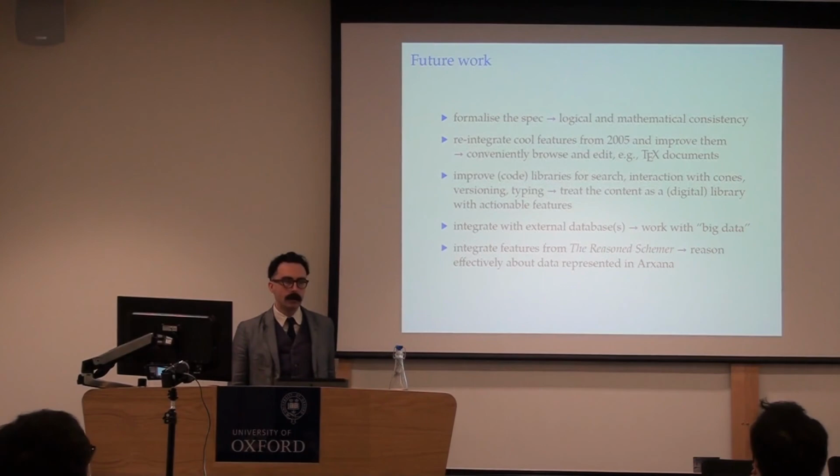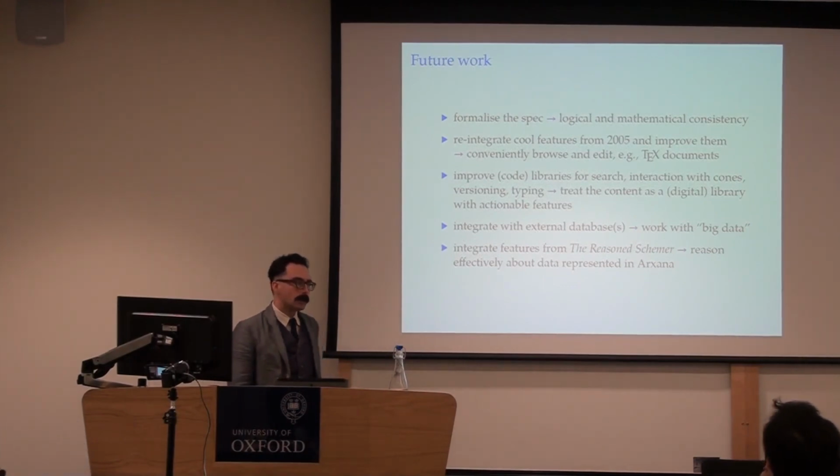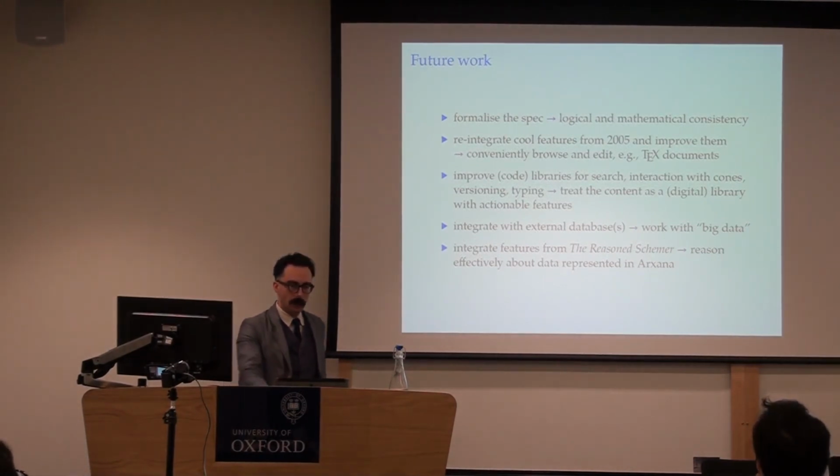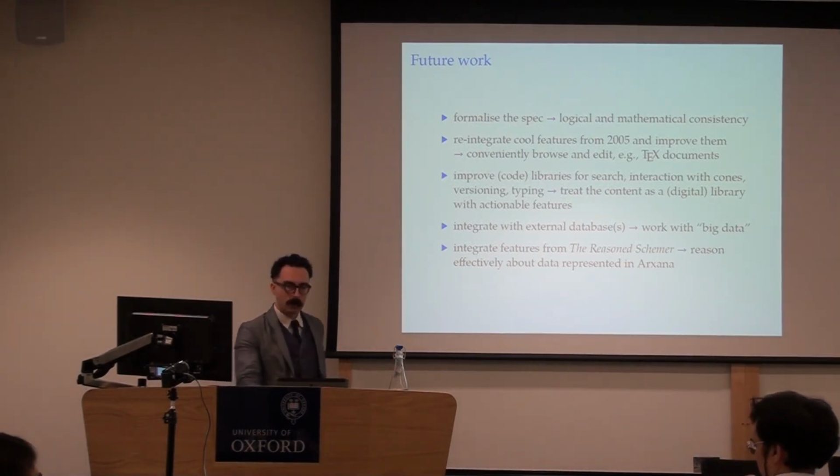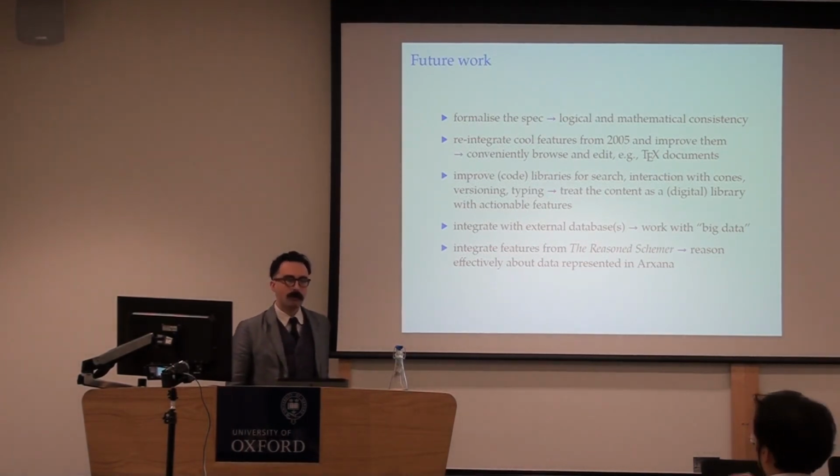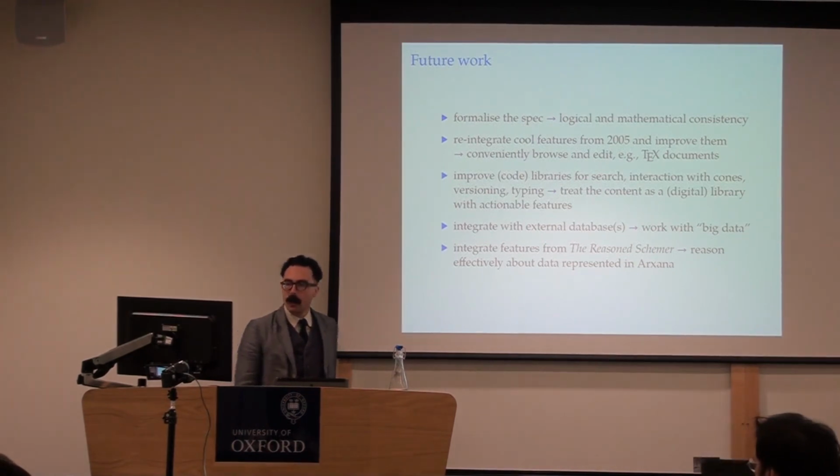It's almost it. It will be after we do all this future work. So we'd like to formalize the spec because we think actually some of the stuff about reasoning about these edges, especially if you allow variables, you can get a very interesting alternative to lambda expressions built out of these NEMAs. But even just formalizing it so that the back end itself is on solid foundations would be good.